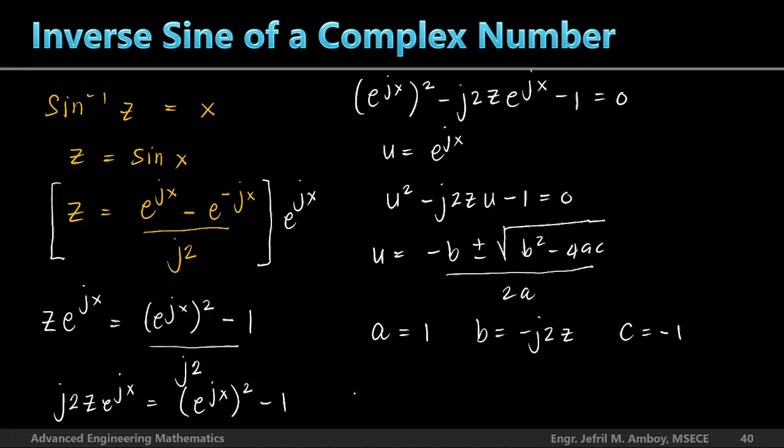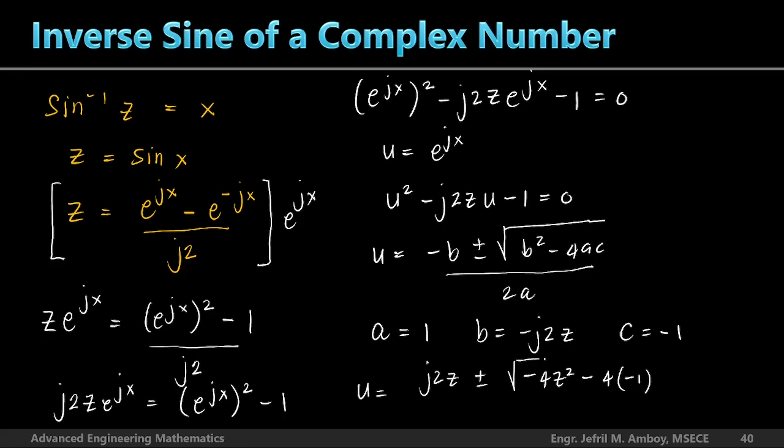So now, if I use the quadratic formula to solve for u, I will get negative of b will give me j2 times z. And then plus minus the square root of, okay, so if I square this, negative times negative is positive, j times j is negative 1, and then 2 squared is 4, so I will get negative 4z squared, b squared, and then minus 4 times a which is 1, and then c, which is negative 1.